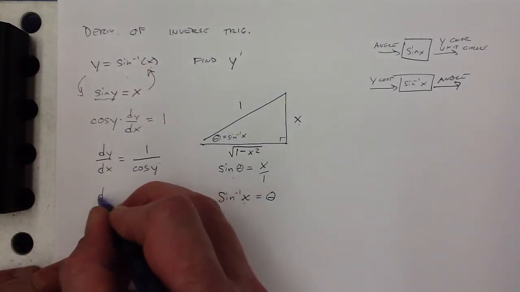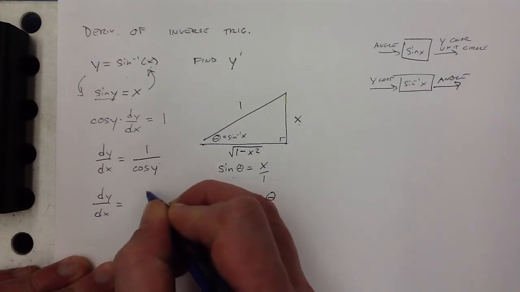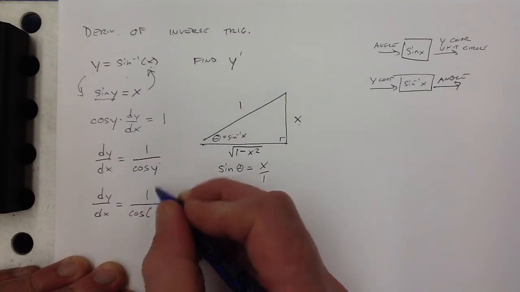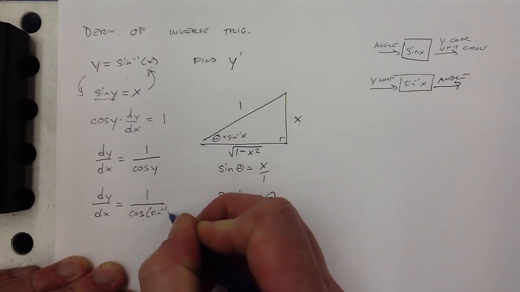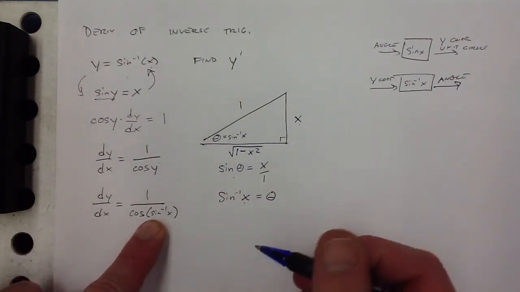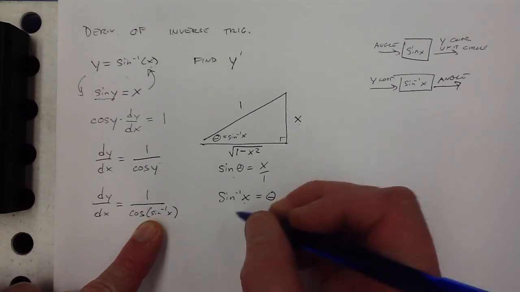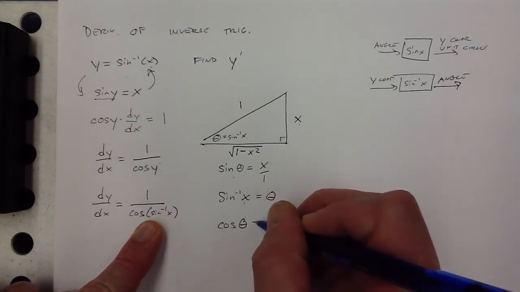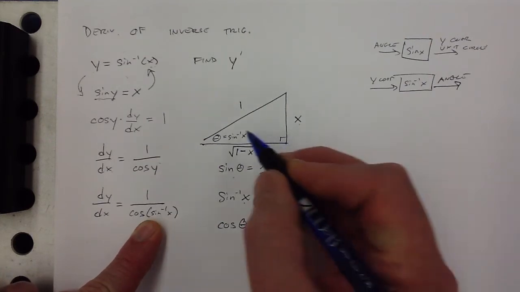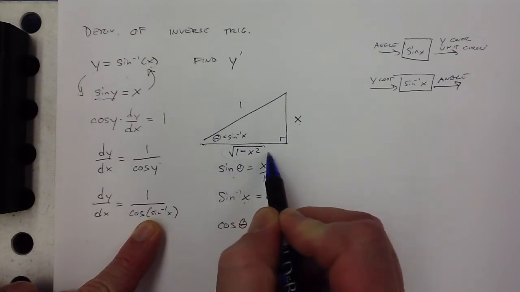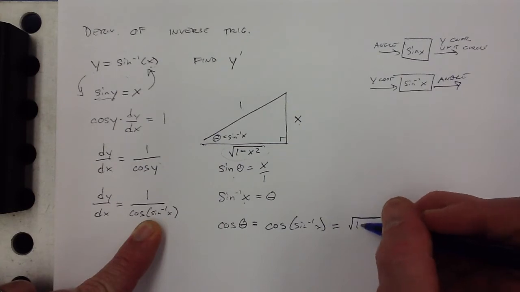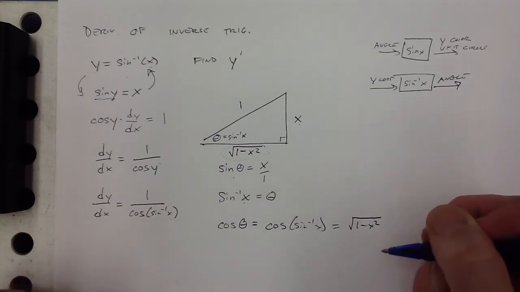So maybe I can just write here dy dx, 1 over the cosine of y equals sine inverse x. So I'm just replacing that. And that is that angle, right? So what's the cosine of theta? Well, the cosine of that angle, which is the same as saying the cosine of sine inverse x, that angle. Cosine is adjacent over hypotenuse, and that's the square root of 1 minus x squared over 1.